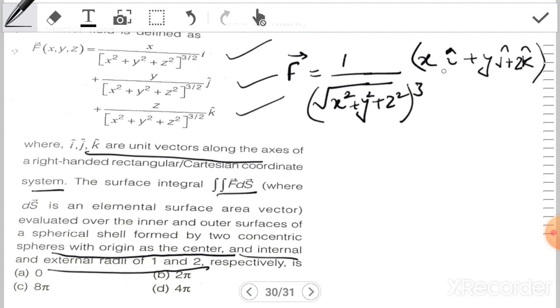So this is nothing but r vector by r cube.